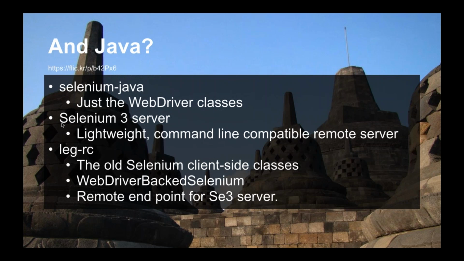You won't get Selenium RC, you won't get the old Selenium interface, you won't get default Selenium. But you will get WebDriver, and if you add the dependencies for Firefox and Chrome, you'll be getting those as well. At the same time, what we will do is add a Selenium 3 server, a new lightweight implementation, which I like to think of as being pin compatible.